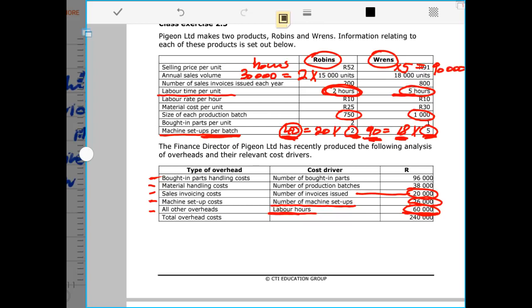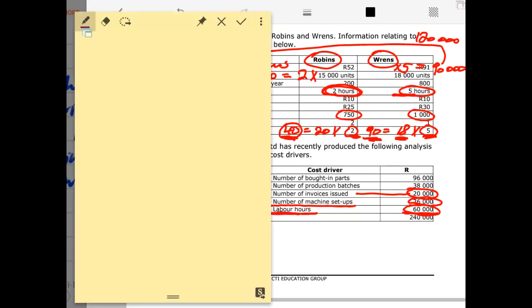So now we need 90,000 hours to complete product Wren, and we need 30,000 hours to complete product Robins. Meaning now our labor hours as a base, we have to say 30 plus 90 will give us 120,000 hours. So now let us do our other overhead rate.